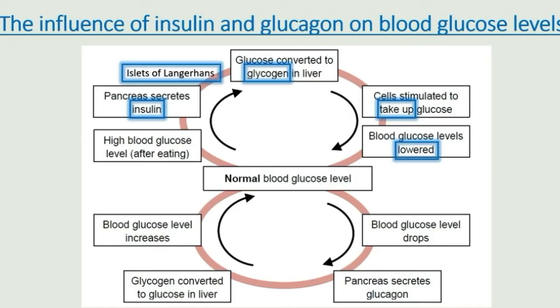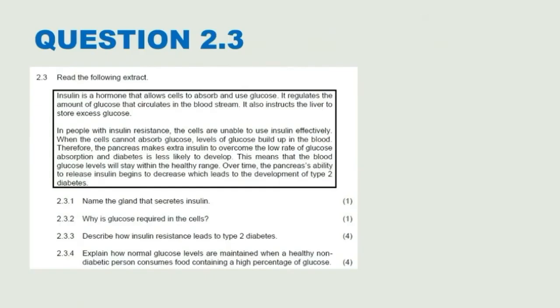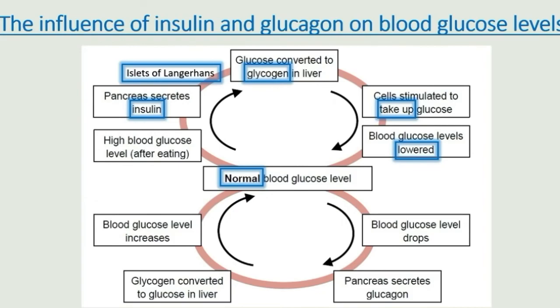So let's say one morning you have forgotten your food at home and you didn't eat at all. What happens here is that there will be a drop in your blood glucose level. That drop in the blood glucose level will then send a signal to the islets of Langerhans in the pancreas. This will then release a hormone called glucagon.